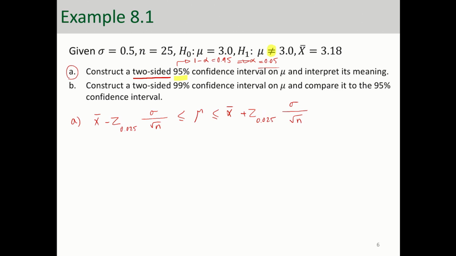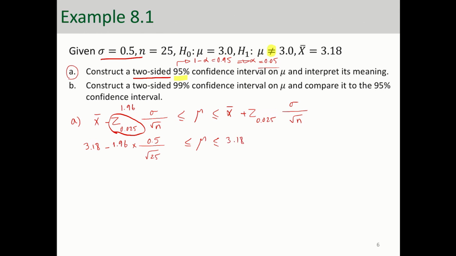Now, if we replace these parameters with the numbers, mu is between x bar, which is 3.18, minus this z value, as we talked about before, and you can read it from the table, it is 1.96, times sigma, which is 0.5, and square root of n is the square root of 25.